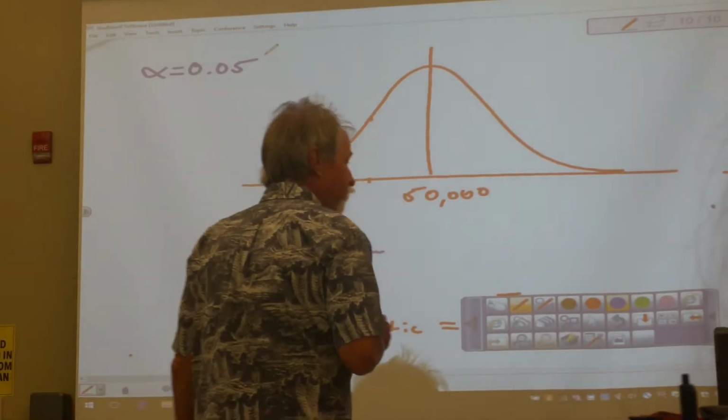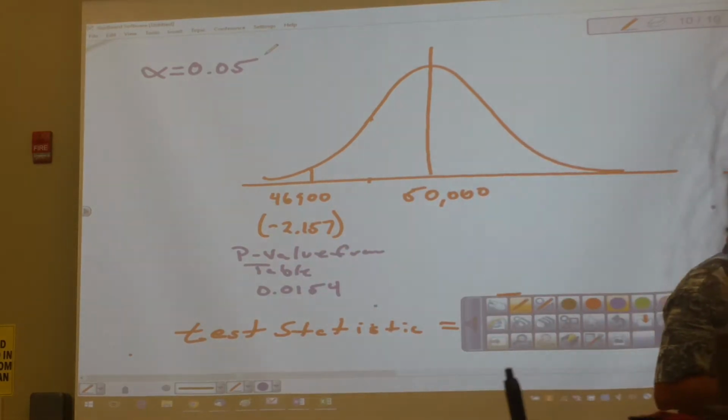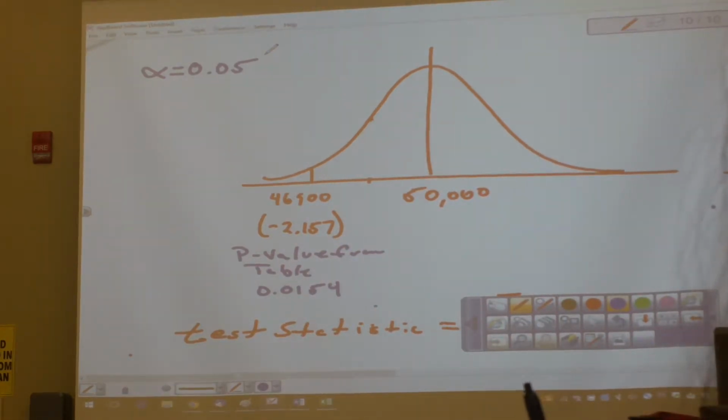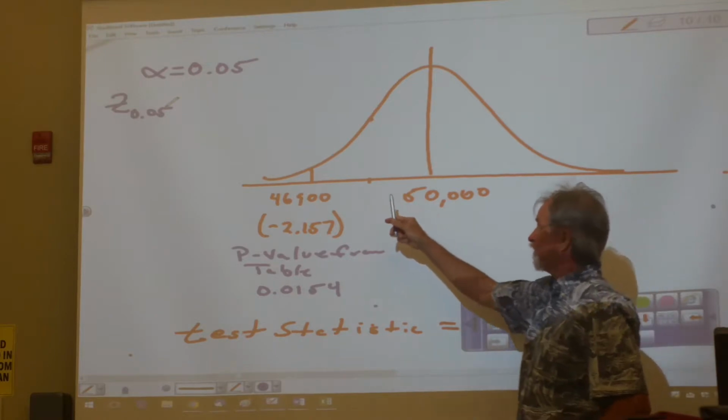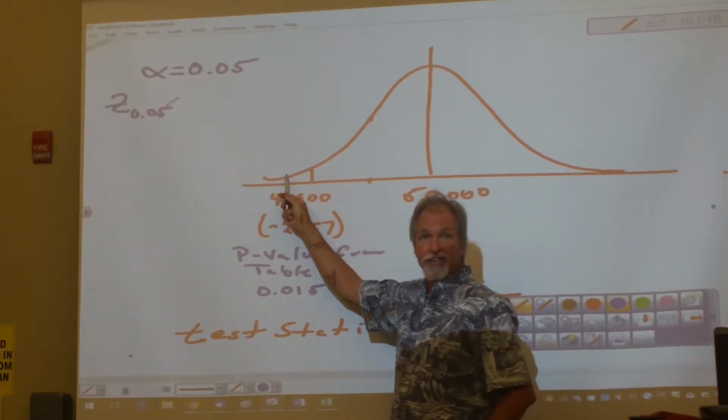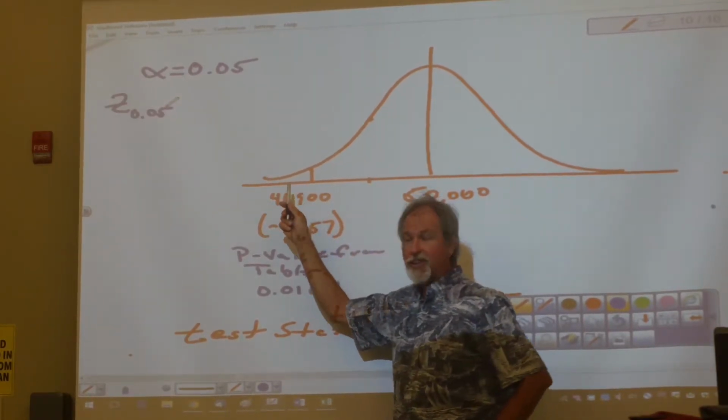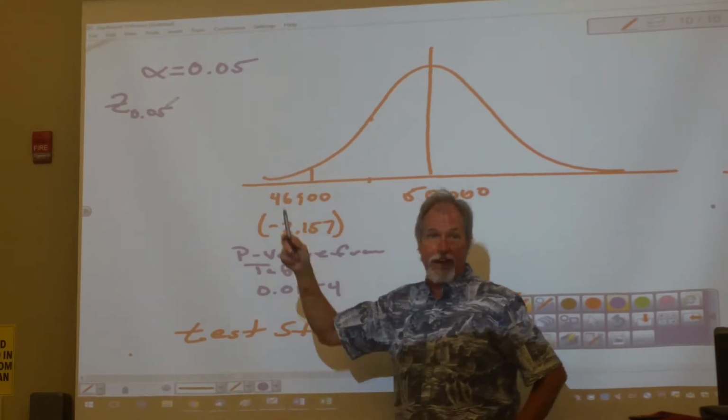So now what I'm going to do is get a table value for this alpha. I'm going to look up the alpha for 0.05, especially considering this is a right-tailed alpha. Since this is an alpha over here, that means whatever the z value is.